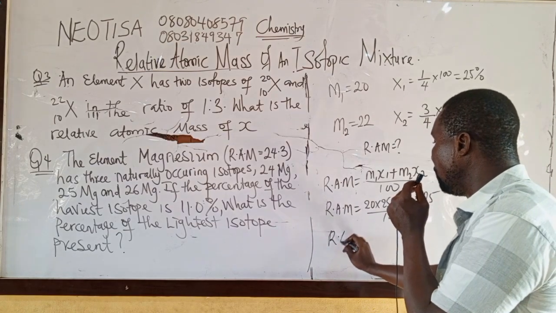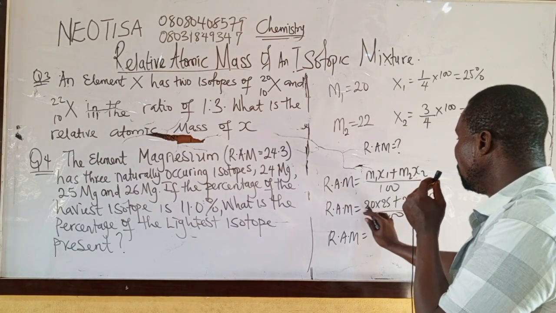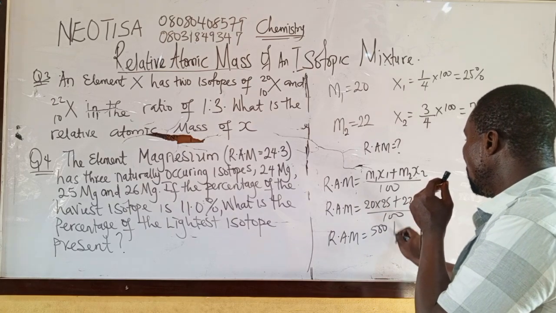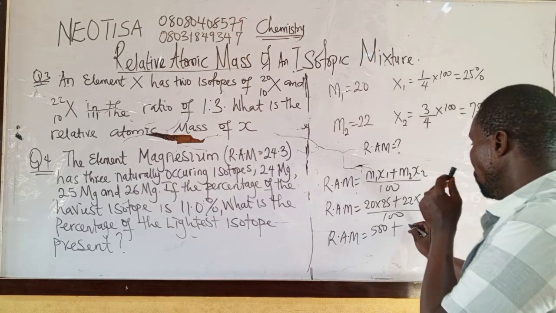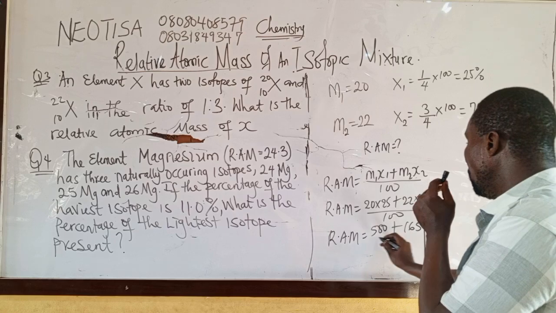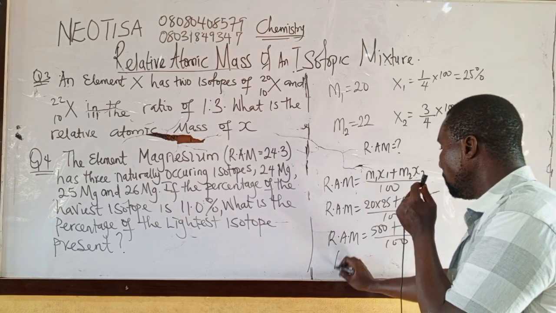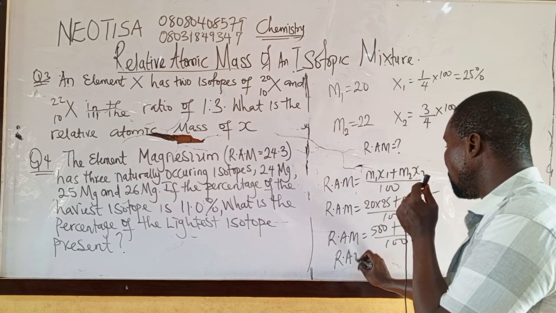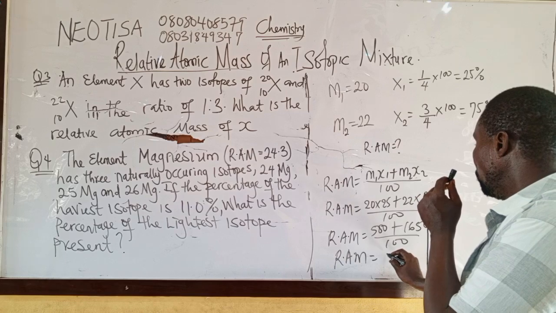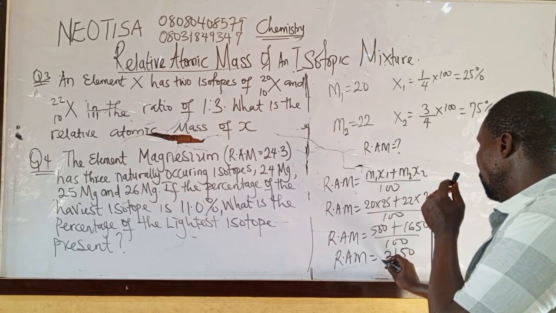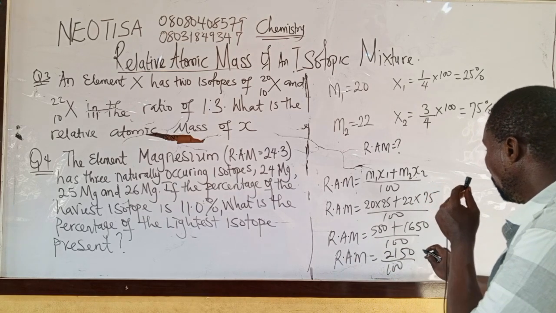That gives 500 plus 1650 over 100, which is 2150 over 100.